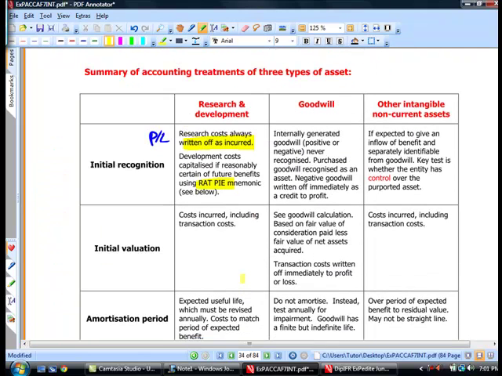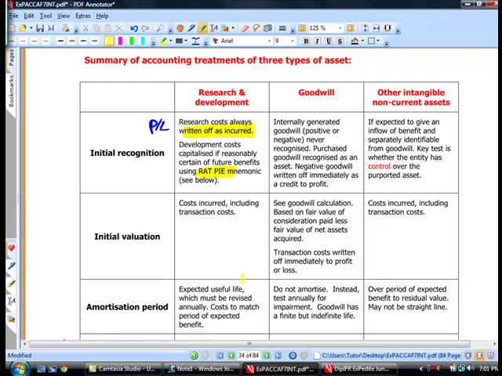Let's talk about goodwill. Internally generated goodwill will never be recognized, because we don't have control and we cannot measure it reliably. Purchased goodwill, on the other hand, will be recognized as an asset if it's positive, and negative goodwill on the acquisition of a subsidiary will be immediately written off as a credit to P&L.